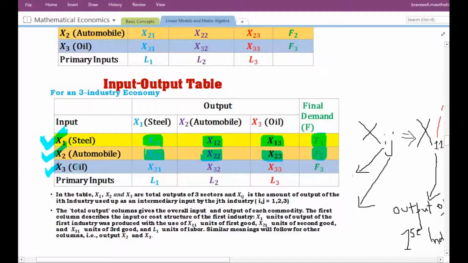If we look at the third industry, that is oil industry, we see that the oil industry is being demanded by the steel industry. It is also being demanded by the automobile industry and by itself. Part of its output is also being demanded as final good by consumers.